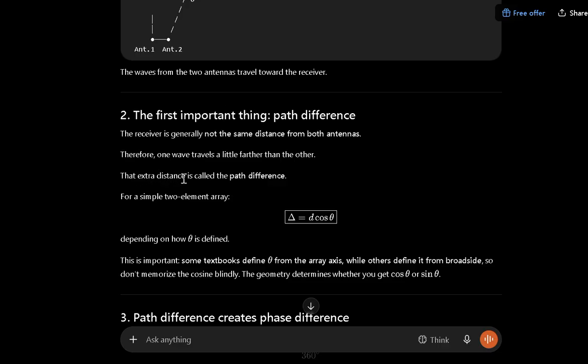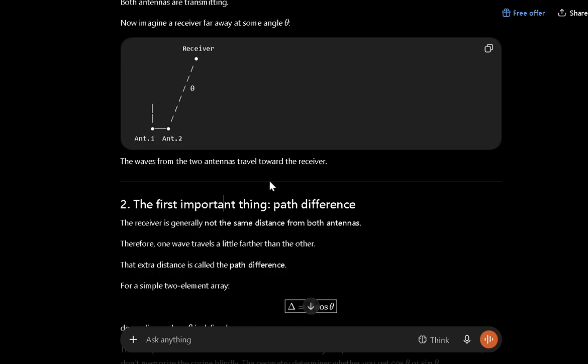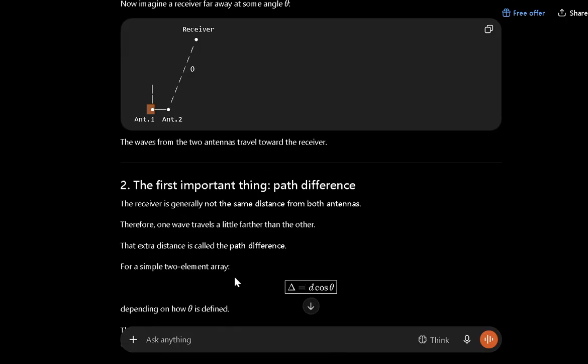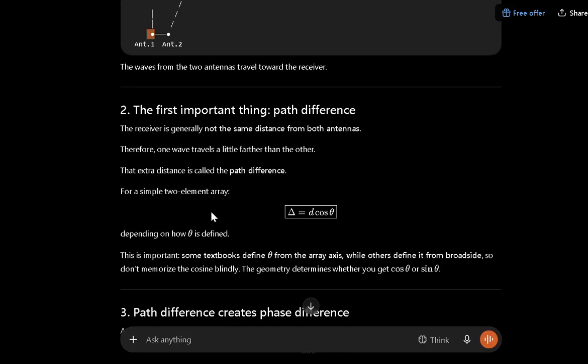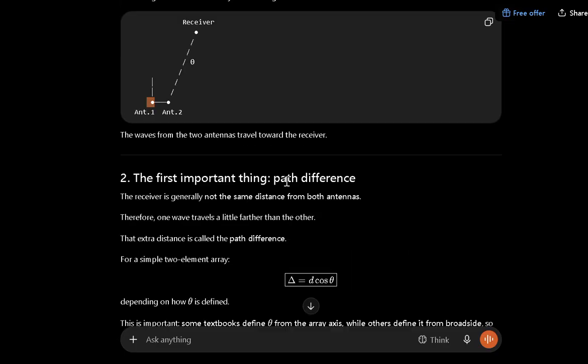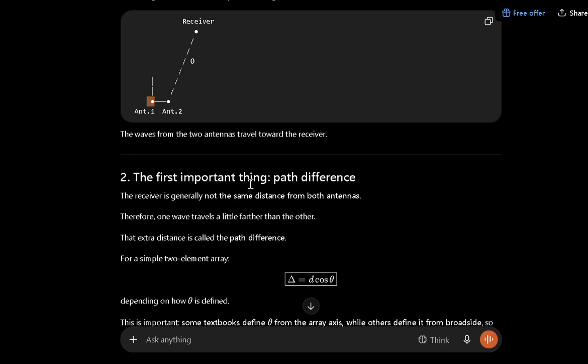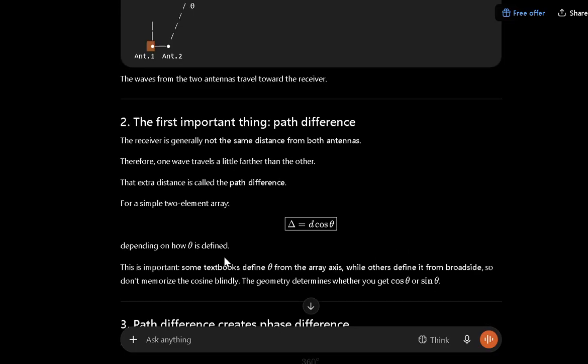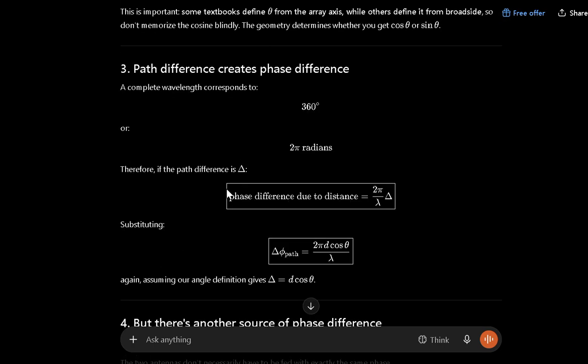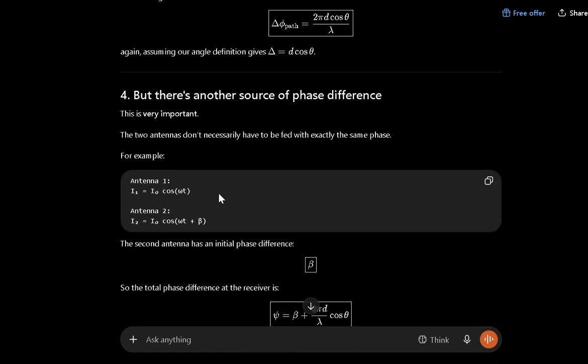The extra distance is called the path difference. If you take the antenna 1 distance and the antenna 2 distance, you get a path difference. For a simple two-element array, delta equals d cos theta, depending on how theta is defined. Why different theta? Why path difference? A path difference creates a phase difference. He is talking about phase here.